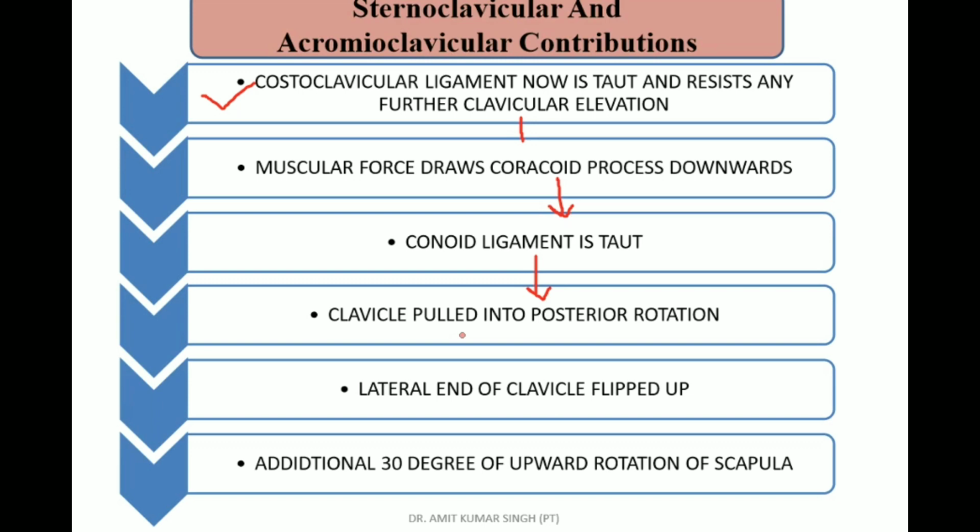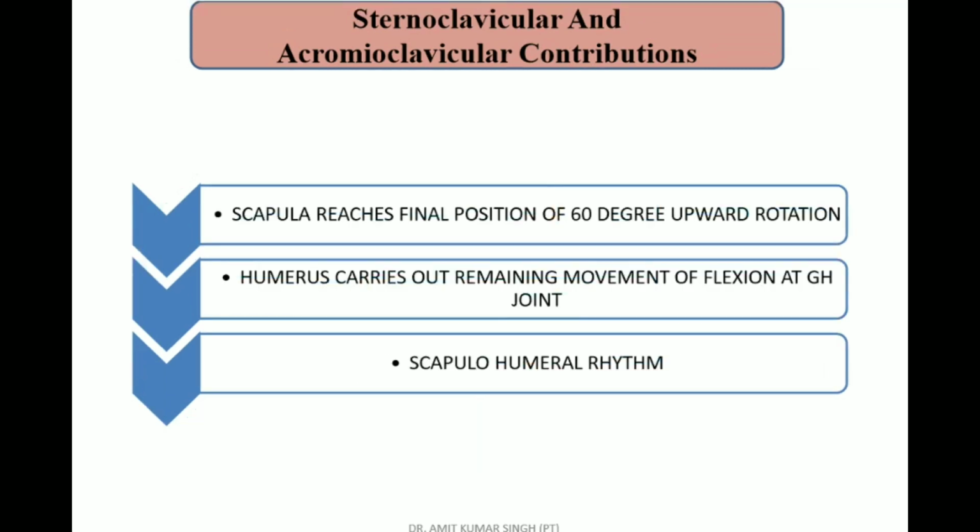Once the clavicle goes into posterior rotation, the lateral end of the clavicle will be flipped up and it will be facing anteriorly. So this is how we reach the additional 30 degrees of upward rotation of scapula. The previous 30 and this 30 make 60 degrees of upward rotation of scapula.